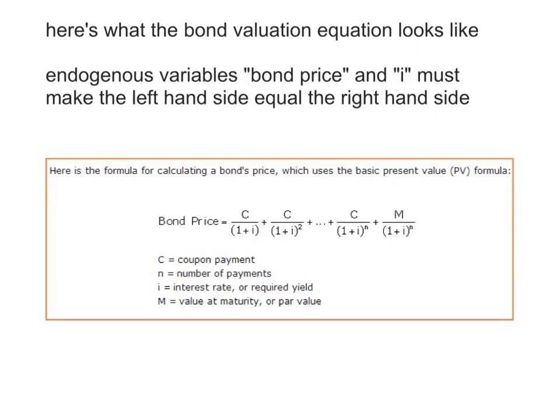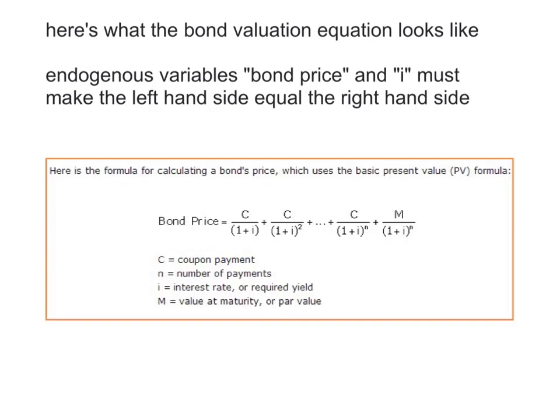So here is the famous bond valuation equation, and this is a simple version. I'm not going to talk about more complex variations. Bond price on the left emerges from negotiations between buyers and sellers of bonds.